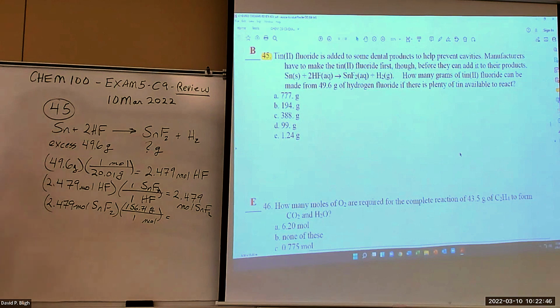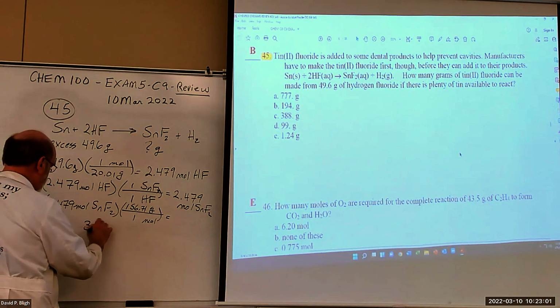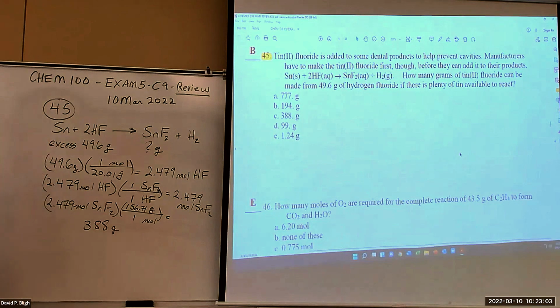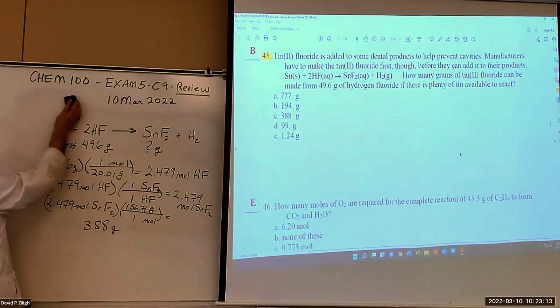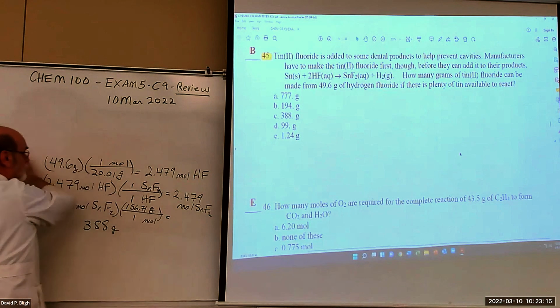There we go, times 2.479. Is 388, let's see, three significant figures. 388 grams. Right here. Okay. That was 45.